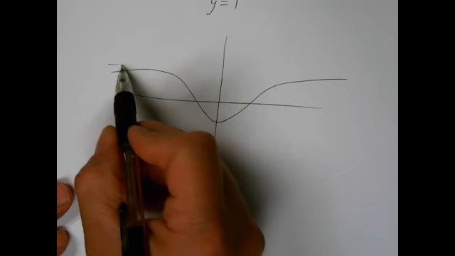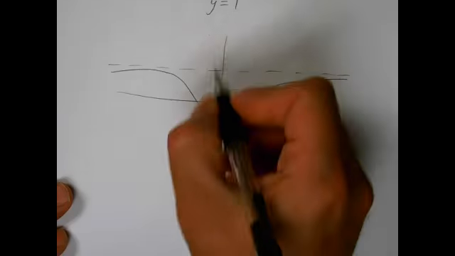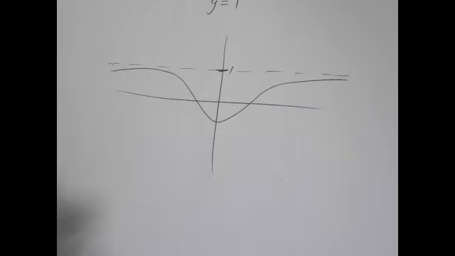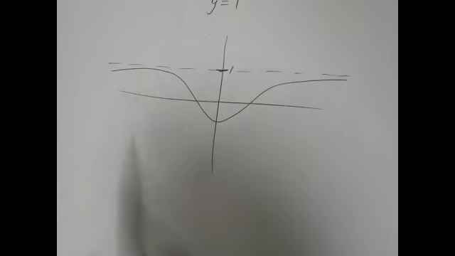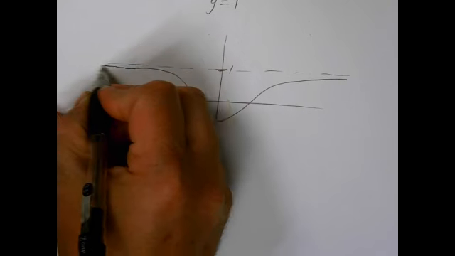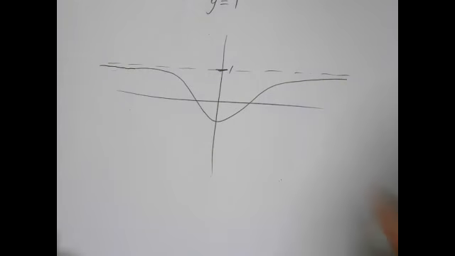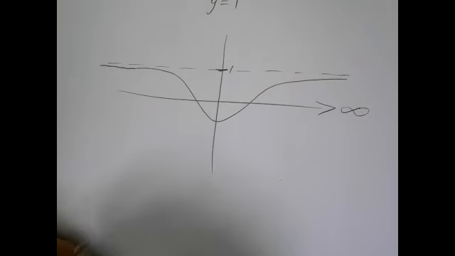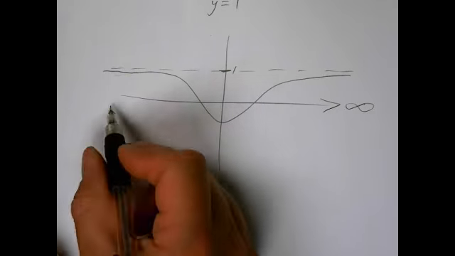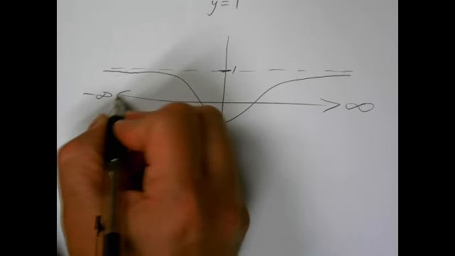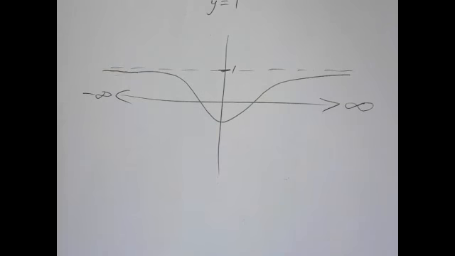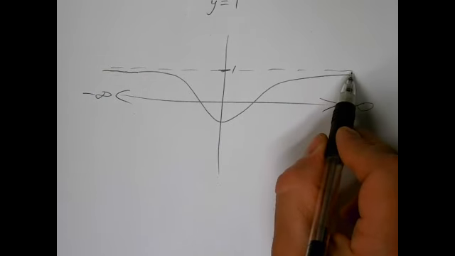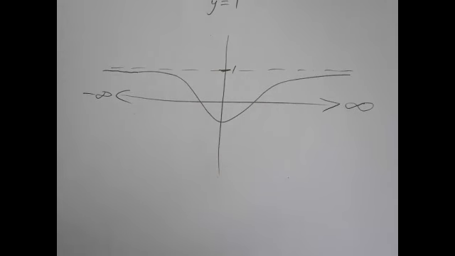And if you sketch in a horizontal line hitting the y-axis at 1, you'll see, and my artwork is not the best because this should not be coming back down, it should be going up, staying up, that as you move off indefinitely in the right-hand direction, meaning as you move towards infinity, and as you move off indefinitely in the left-hand direction, meaning towards negative infinity, that function will pull closer and closer to this horizontal line, the one running through the 1, and once it pulls in close to it, it will not pull away from it.